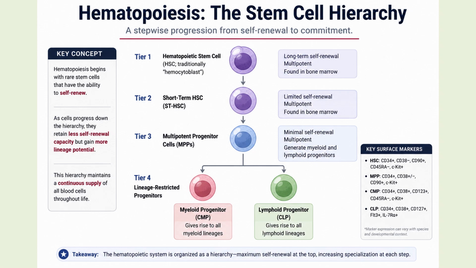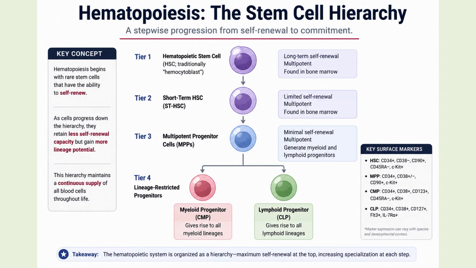At the top, hematopoietic stem cells have substantial self-renewal capacity and broad developmental potential. As we move downward, we encounter short-term hematopoietic stem cells and then multipotent progenitors, or MPPs.